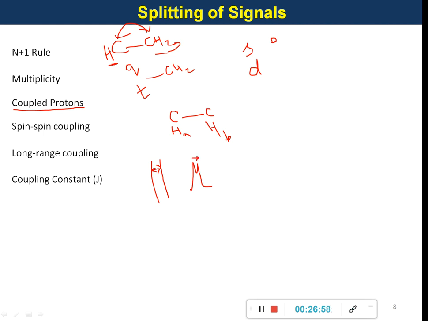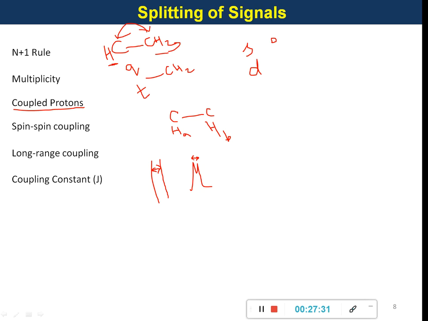The magnitude of J is a measure of how strongly the nuclear spins of the coupled protons influence each other. Therefore, it is dependent upon the number and type of bonds that connect the coupled protons and their geometric relationship. Therefore, for some molecules, the trans form could have a smaller coupling constant than the cis form.